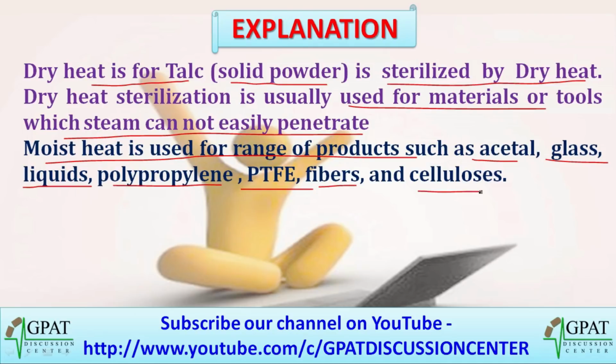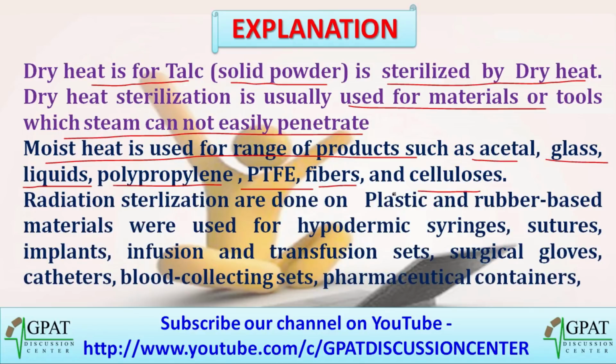And in comparison to that, radiation sterilization is done for plastic and rubber based materials used for hypodermic syringes, sutures, implants, transfusion sets, surgical gloves, and catheters or blood collecting sets, pharmaceutical containers.